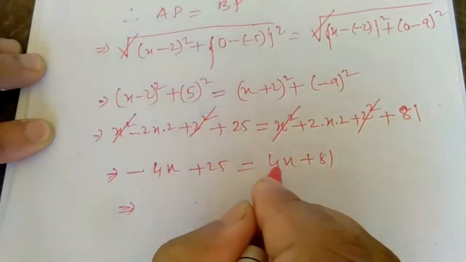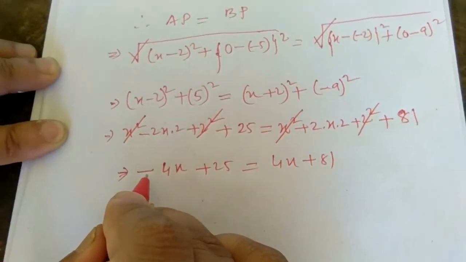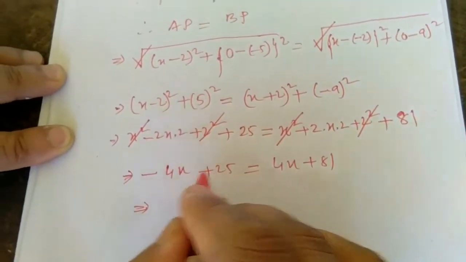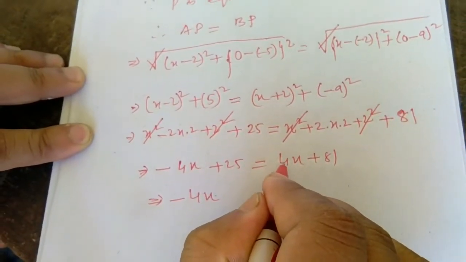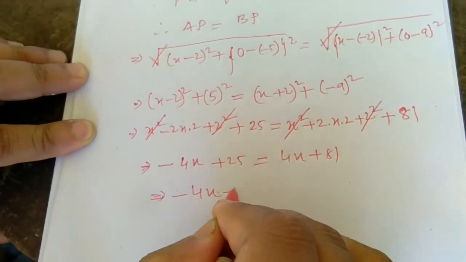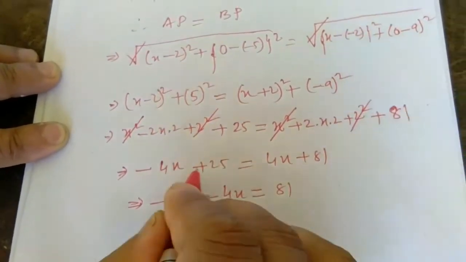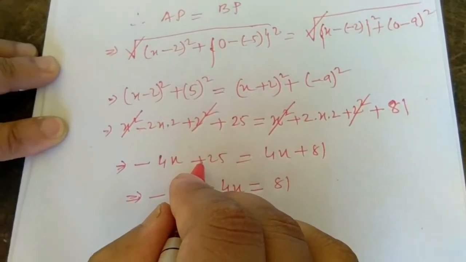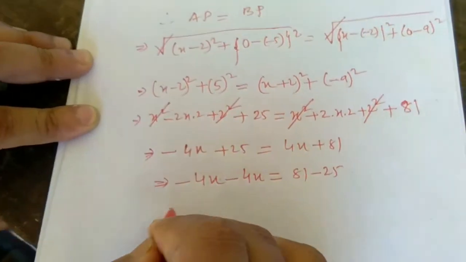We have to find the value of x, so bring the term containing x to the left hand side and transfer the constant term to the right hand side. Minus 4x, this is plus. If you bring it to the left hand side, it will become minus 4x. Okay, 81 is positive, 25 if you transfer to the right, it will become minus 25.